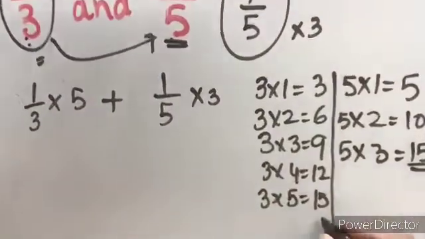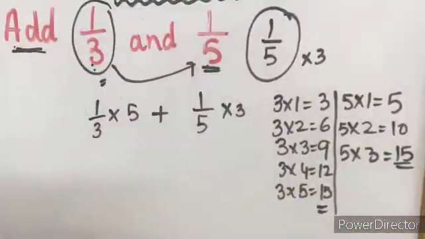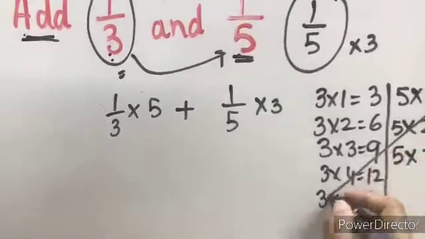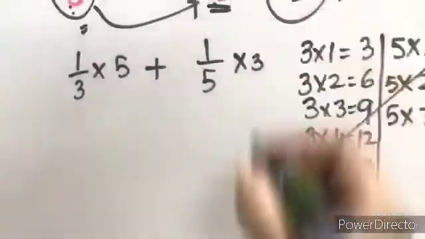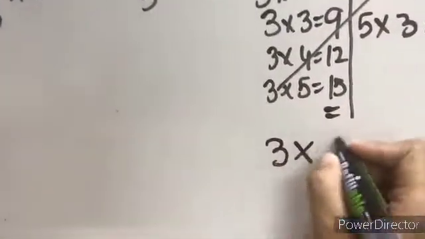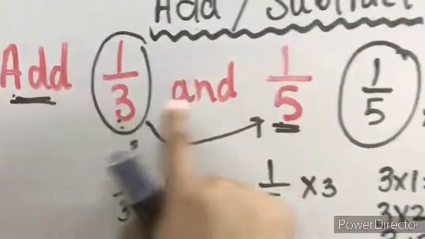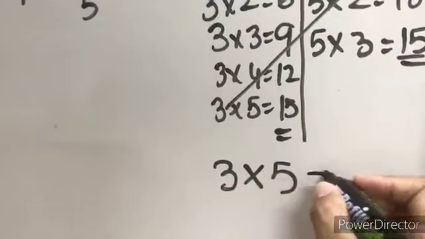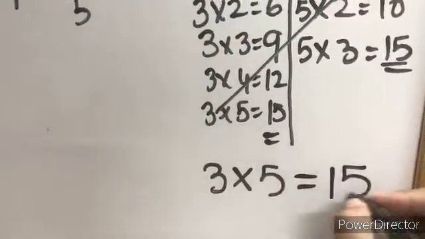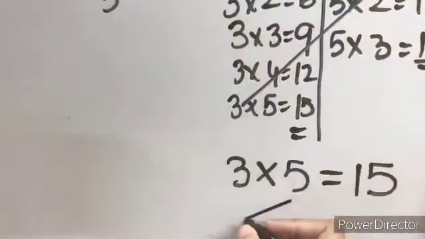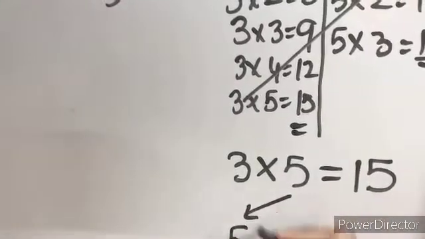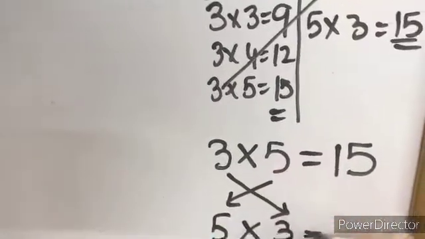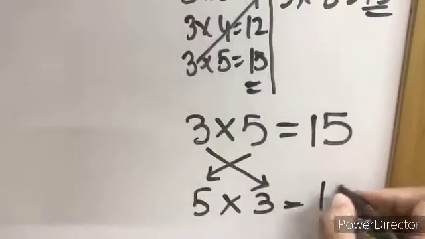See, 15 and 15 are both the same. If you know 3 multiplied by 5, see this 3 and this 5, 3 multiplied by 5 is equal to 15. And if I write 5 first, multiplied by 3, 5 multiplied by 3 is also 15.